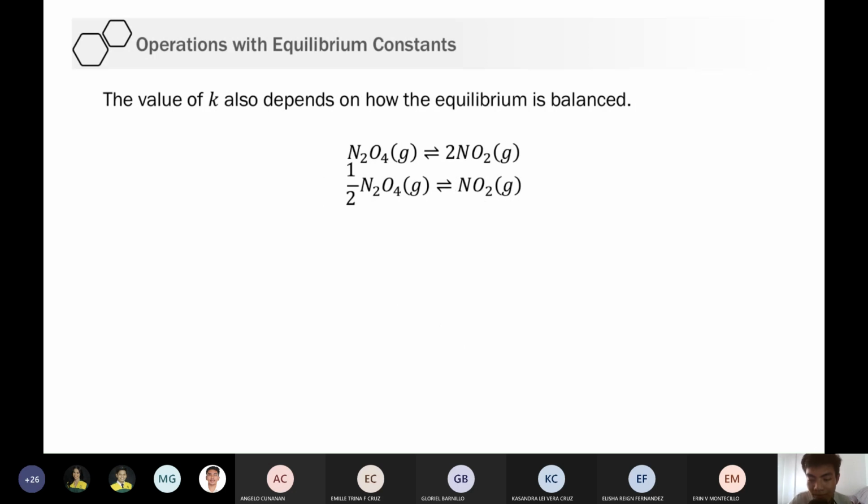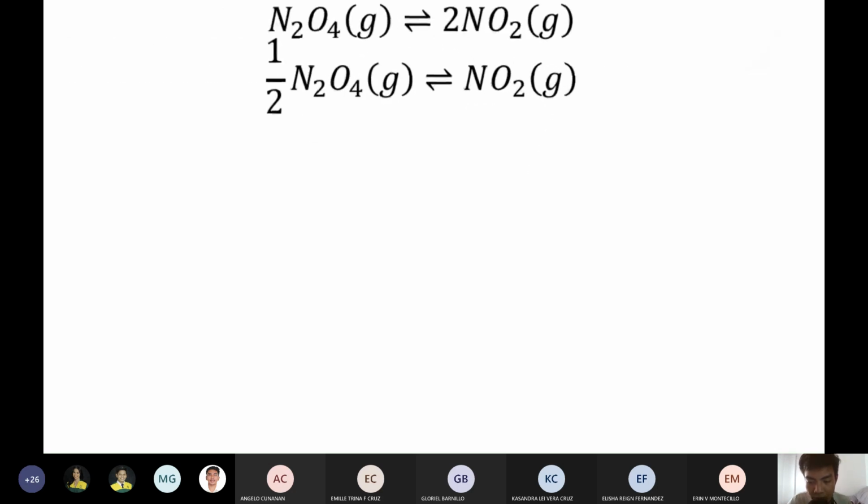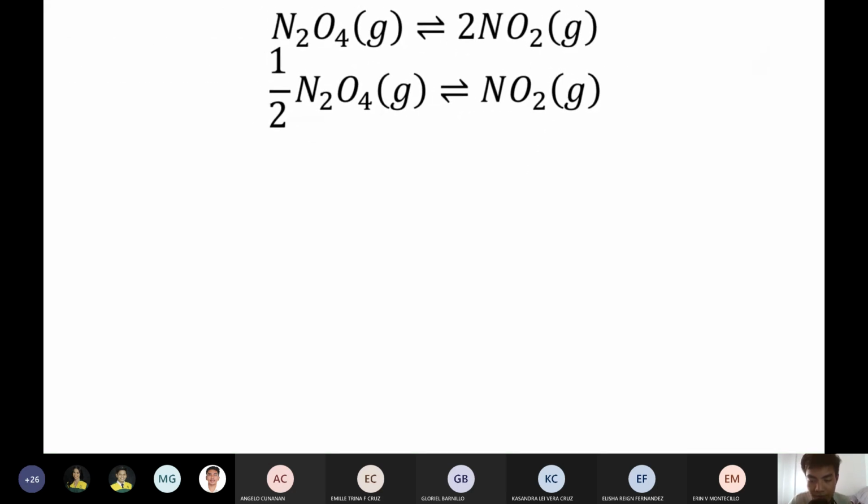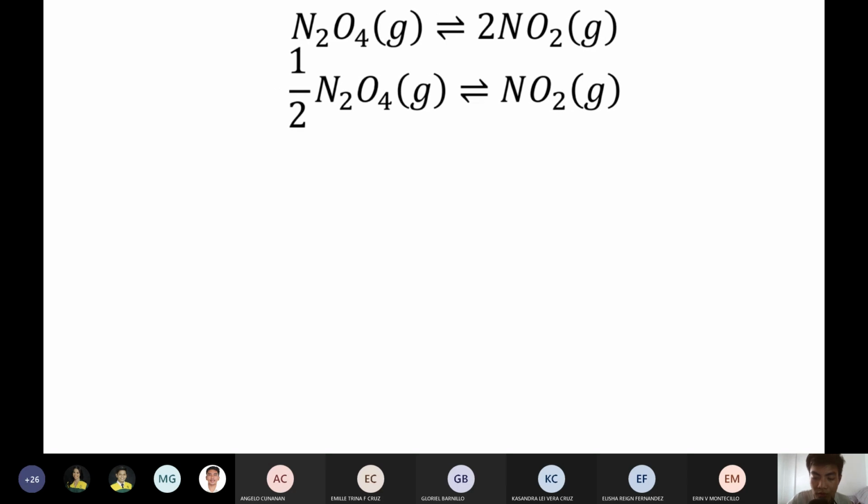Second rule. Okay. The value of K depends on how the equilibrium is balanced. No? So let's have this example here. So on equation A, ano meron tayo sa A? The coefficients are integers. No? So ibig sabihin ng integer ay whole number.